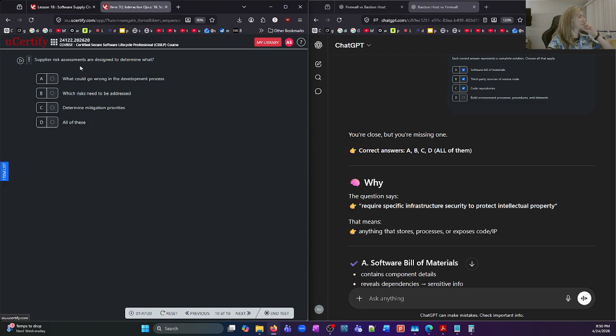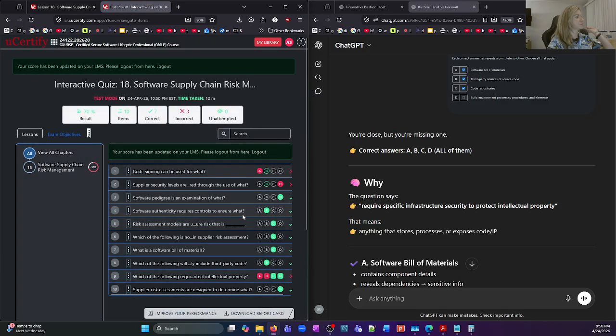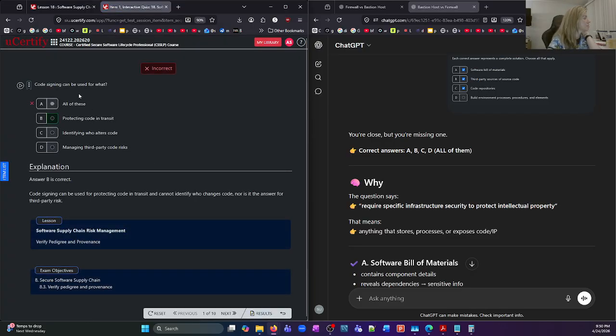Supplier risk assessments are designed to determine what? Mitigation, risks, what could go wrong? Yep. Okay, and... Ah! I get C. Protect code in transit.